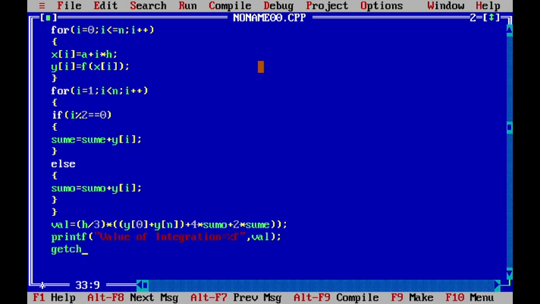Main function completed. Okay, close the main function.